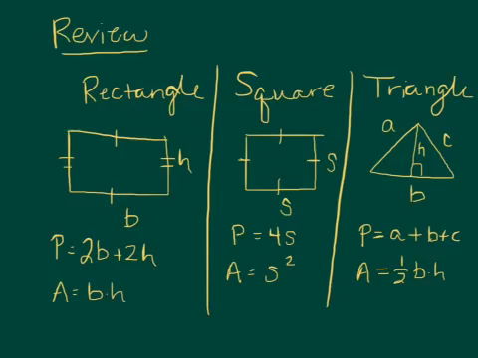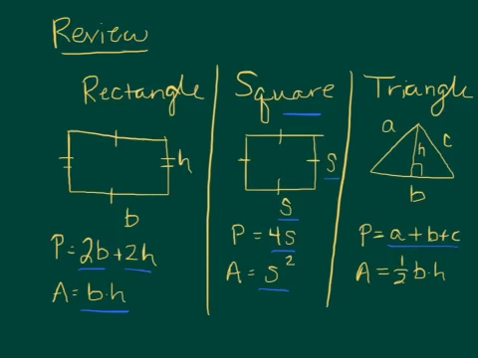Okay, do a little review. So, we've talked about rectangles, their perimeter and area. Perimeter is 2b plus 2h, and the area is base times height. Squares, with side length represented as s, the perimeter is 4s, and the area is s squared. For a triangle, for perimeter, I just add up all the side lengths, like I would on a rectangle and square.